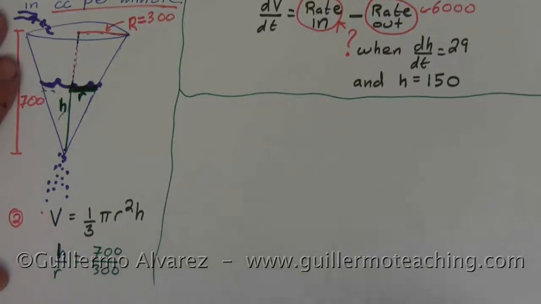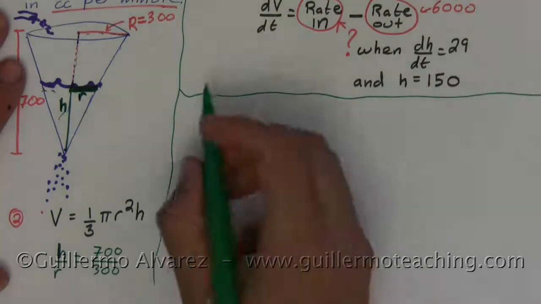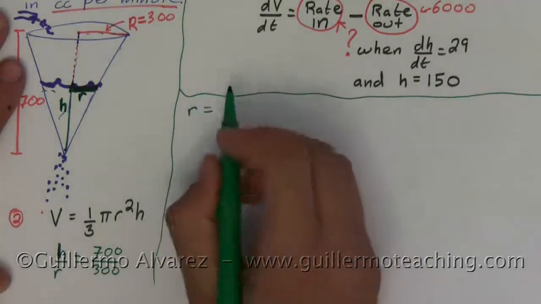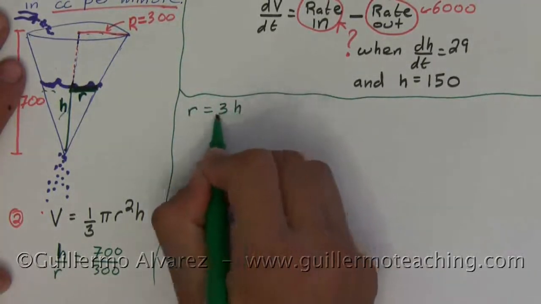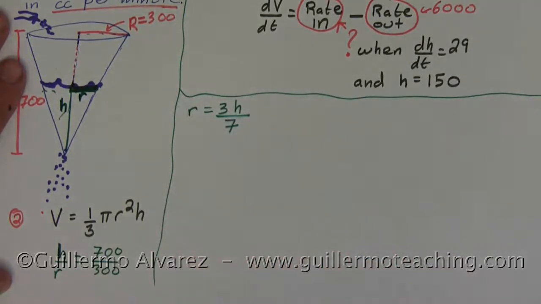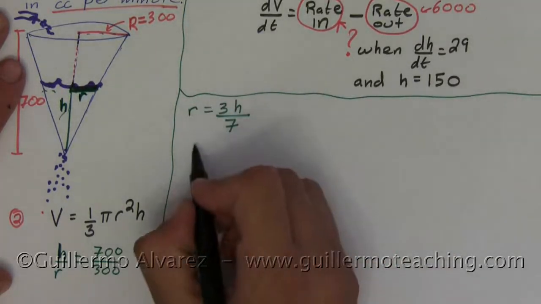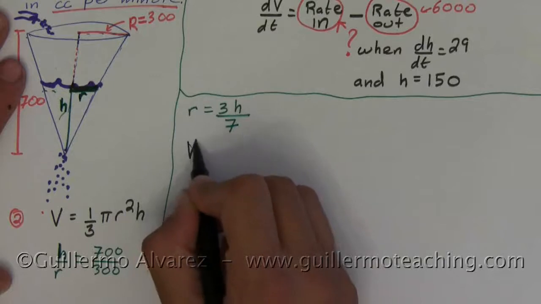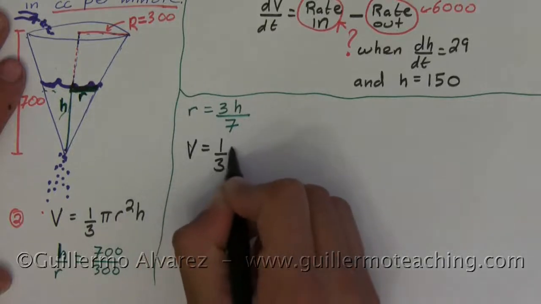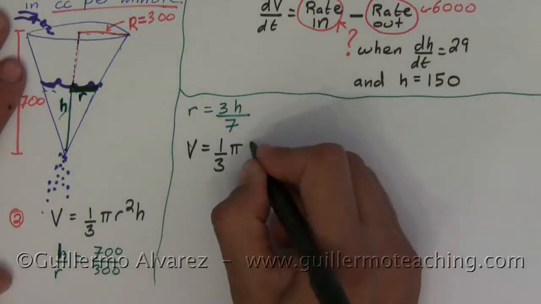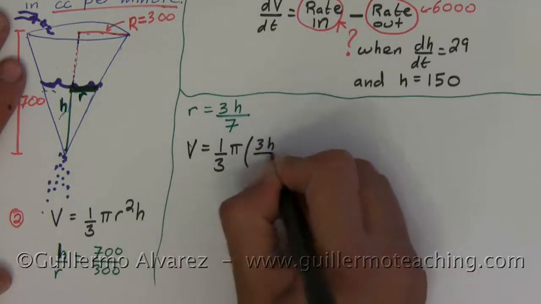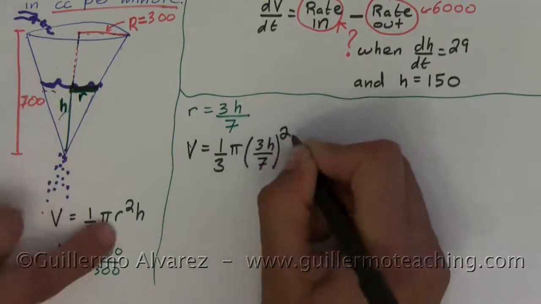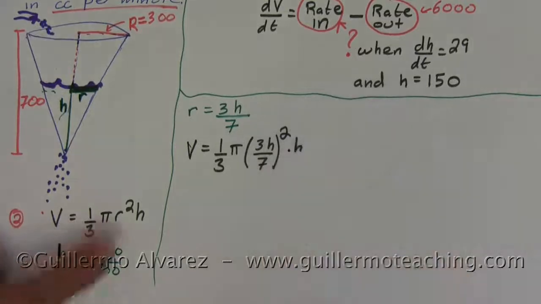Okay, so using this, if we solve for r here, we get that r is equal to 3h over 7. And if we then plug that into our formula for the volume, we get 1/3 pi times (3h over 7) squared times h.